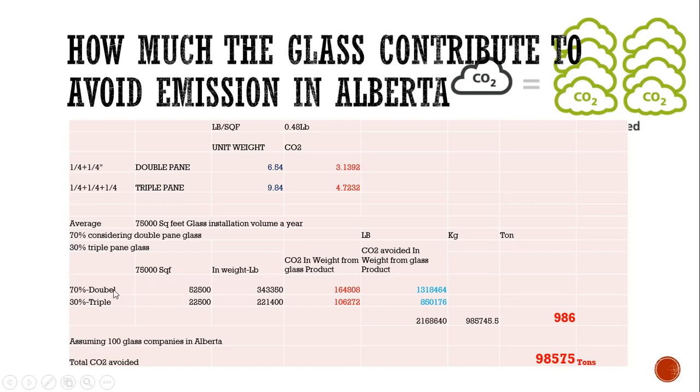So in weight, we take this square footage, 70% of 75,000 for double pane and the rest for triple pane, times the weight of 6.54 for double pane and times 9.84 for triple pane.